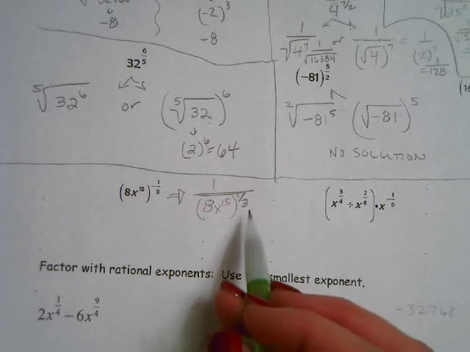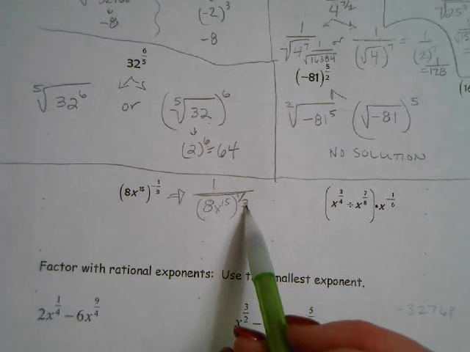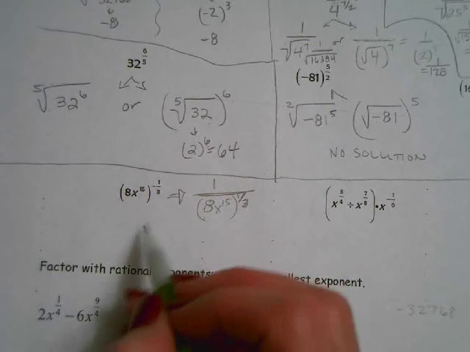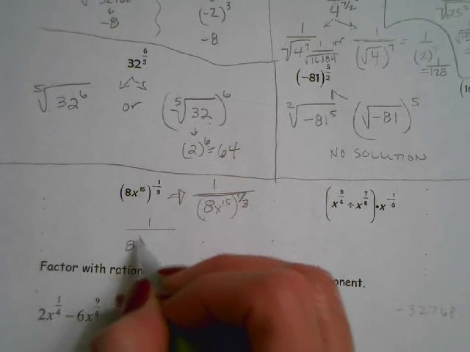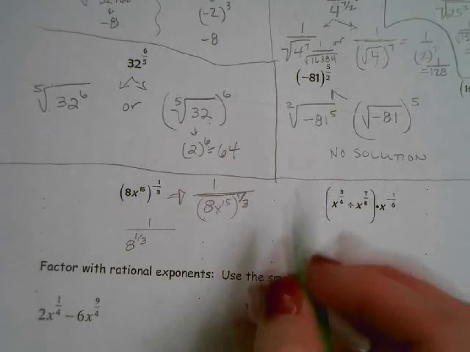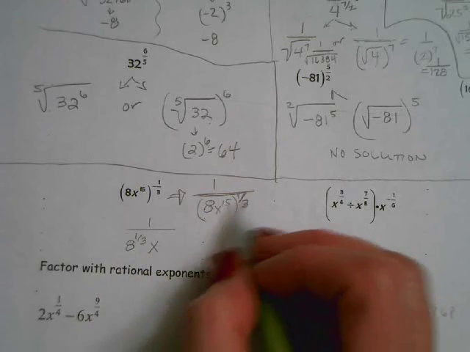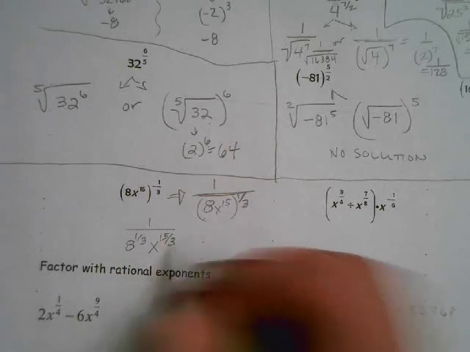Okay? At this point, I'm going to use the property that we talked about where we have something raised to a power, and this power then gets distributed to each element. Okay? So I have 1 over, I'm going to do the 1/3 to the 8th, so I'm going to have 8 to the 1/3, okay? And I'm going to do the 1/3 to the 15th, so I'm going to have x, and again, because it's a power to a power, I multiply, so it becomes 15 over 3.